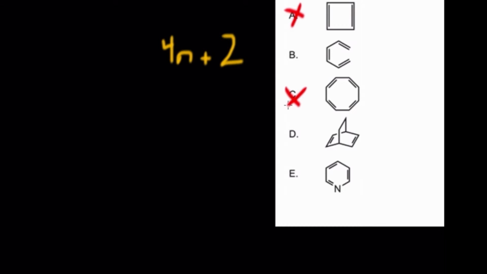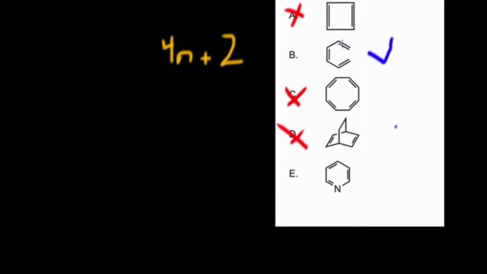All right, so we can go through B again. 2, 4, 6. 6 minus 2 is 4. 4 divided by 4 is 1. So B for right now is one that we're going to consider. Okay, I'll put a little check mark there. Okay, D, 2, 4, we know that 2 pi bonds is not a Huckel number, so we can go ahead and cross D off.